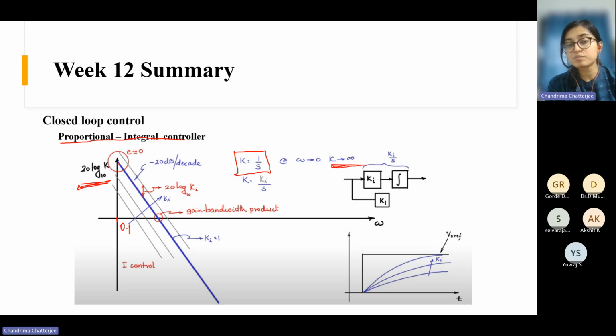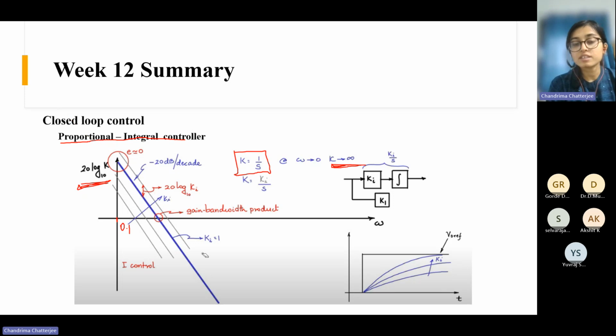This keeps on increasing and increasing. Ideally, of course, practically we can't see that, but practically we will get very high gain at DC, at steady state. Okay, so that is the advantage.